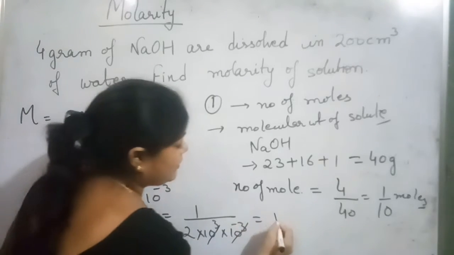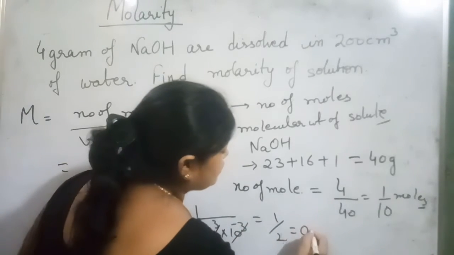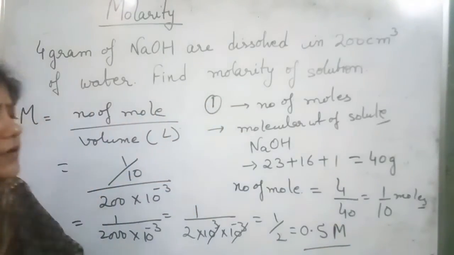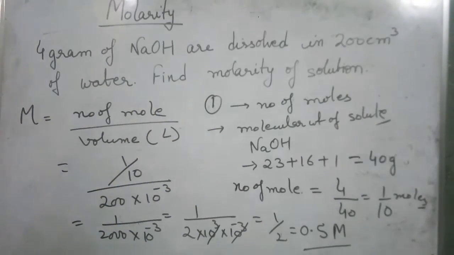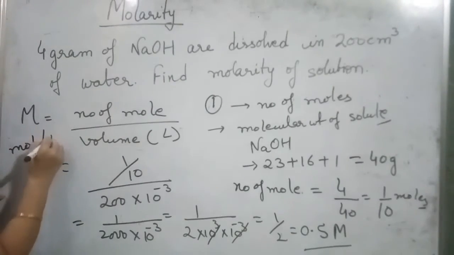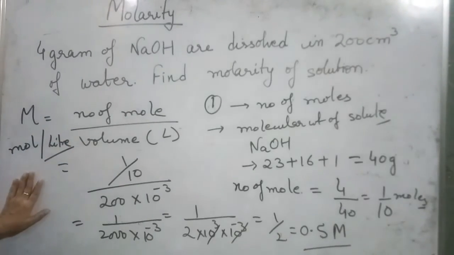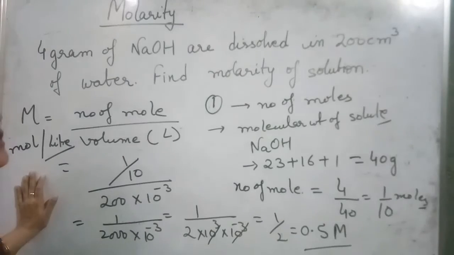So we get 1 by 2, which is equal to 0.5 M. Molarity means M. Okay. Now one thing more I want to tell you. The unit of molarity is mole per liter, and the value of molarity changes with the change in temperature.